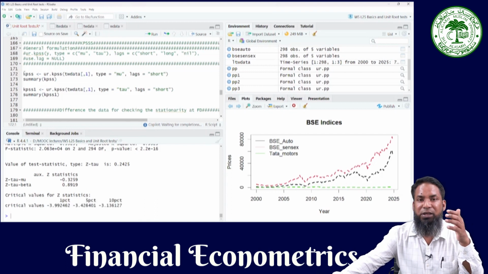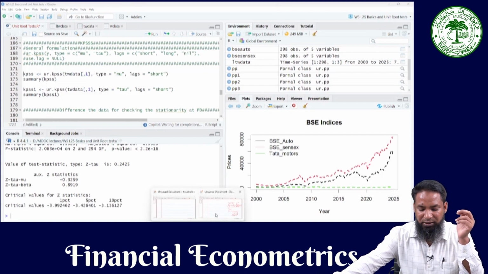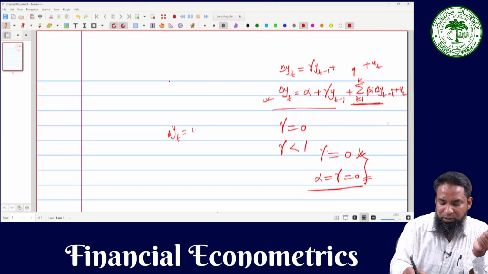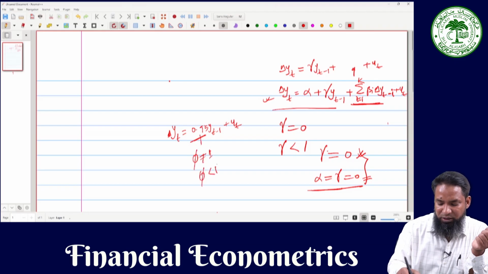However, in some cases it has a problem, as we have discussed earlier, especially where yt depends on 0.95 yt minus 1 plus ut. Assume phi is not equal to 1, it is less than 1, so this series should be treated as stationary.